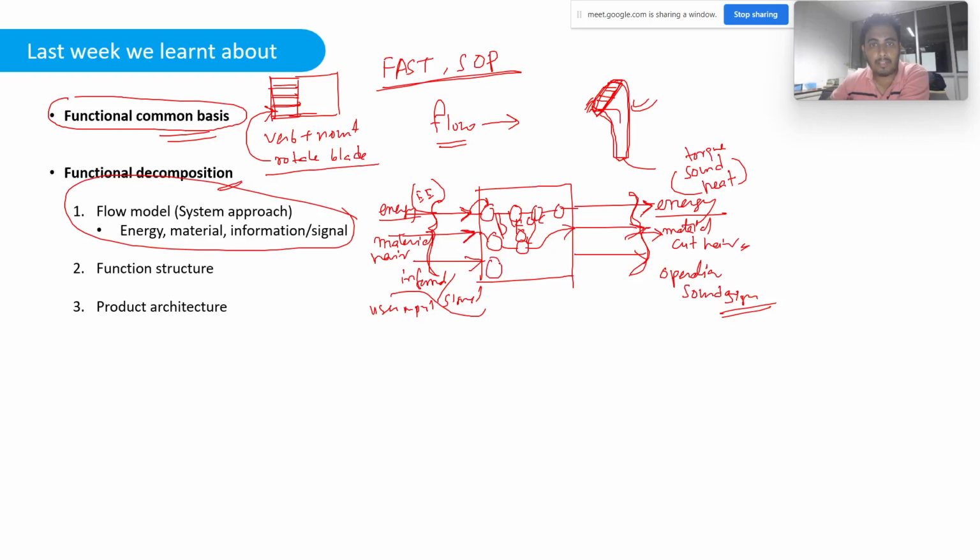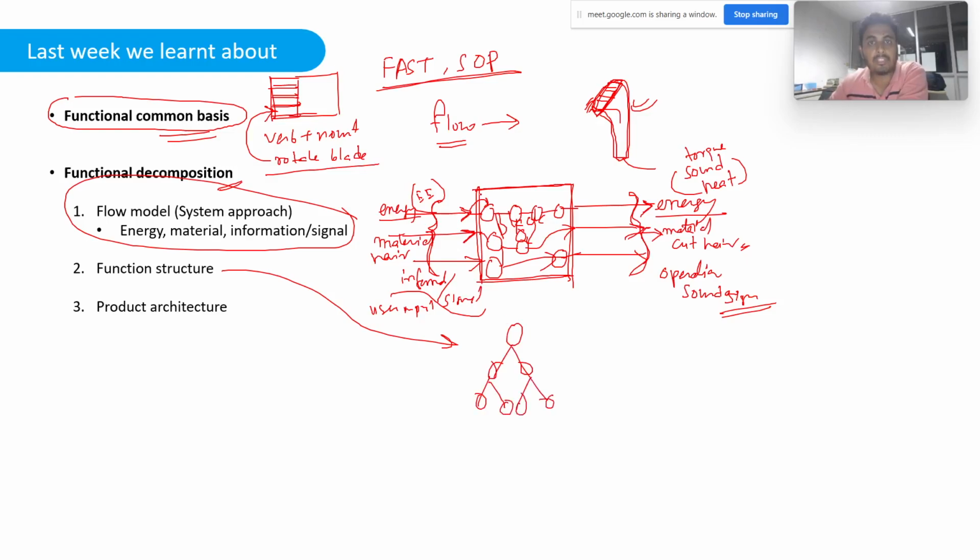Similarly, how is a particular information signal used within the system to generate the output signal? This was how the functional flow diagram works that I discussed in the last class. Based on that, what we generated was a function structure. A function structure is a bit more complex than a tree structure.